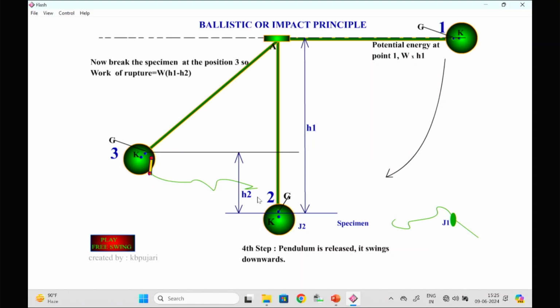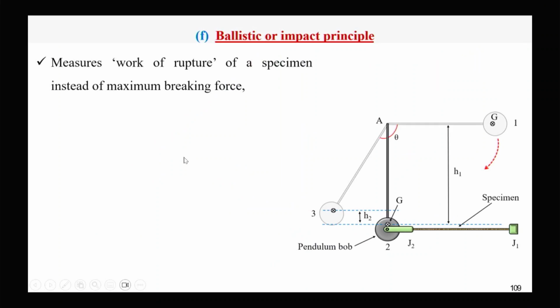So if the weight of the pendulum is W, then the energy required to rupture the material will be W multiplied by h1 minus h2, where h1 is the initial height and h2 is the maximum height reached after the rupture of the material. Here you can see h2 is the height and W is the weight of the pendulum.